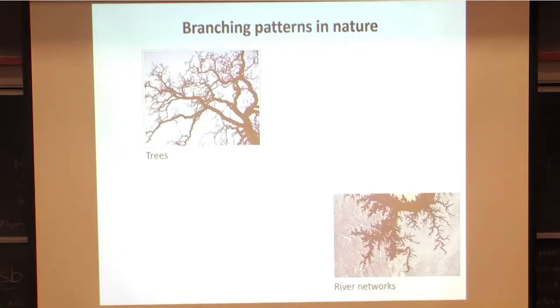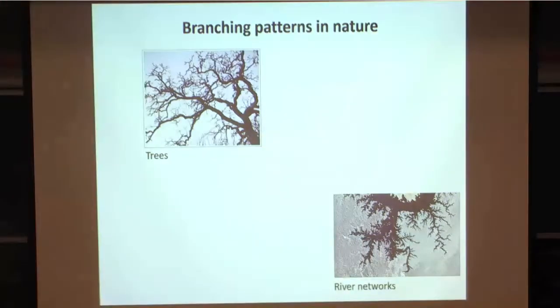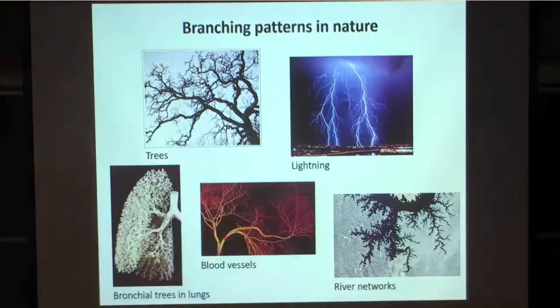And indeed, these patterns have a large similarity to branching patterns that we see in nature all over the place, on many different length scales, from very small branching patterns of our blood vessels to huge scales on, for example, river networks.